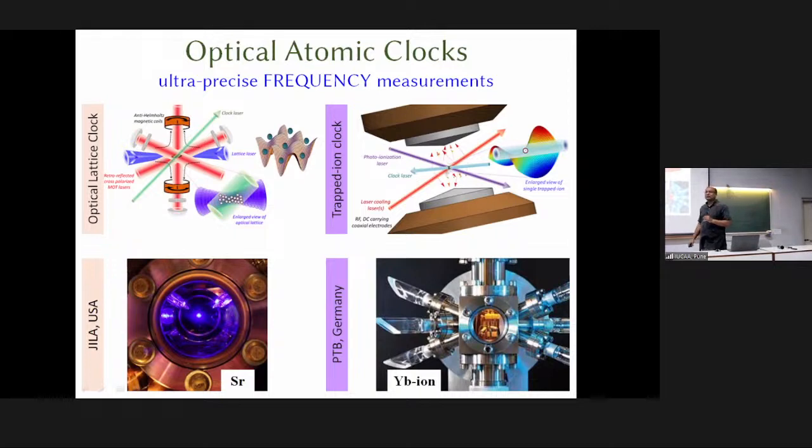It's not known exactly where it is, and a big effort is going on in a few places to find that transition. The next generation optical clock, which will have at least 2 orders of magnitude better sensitivity, will be based on nuclear transitions, and thorium-229 is a very potential candidate. I will not discuss those.